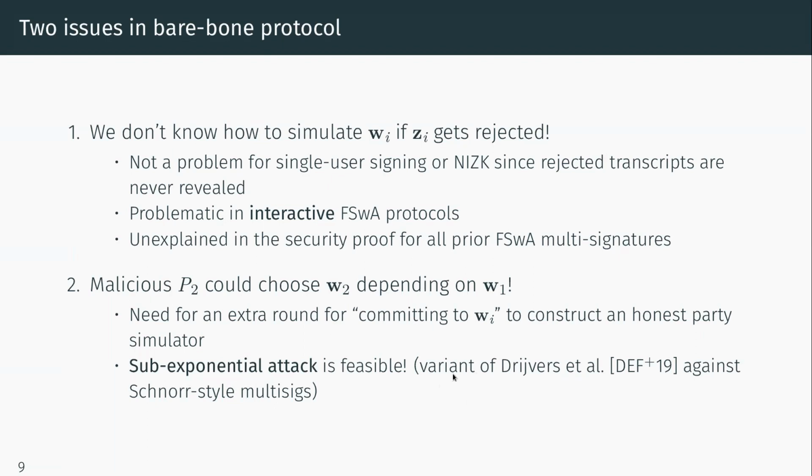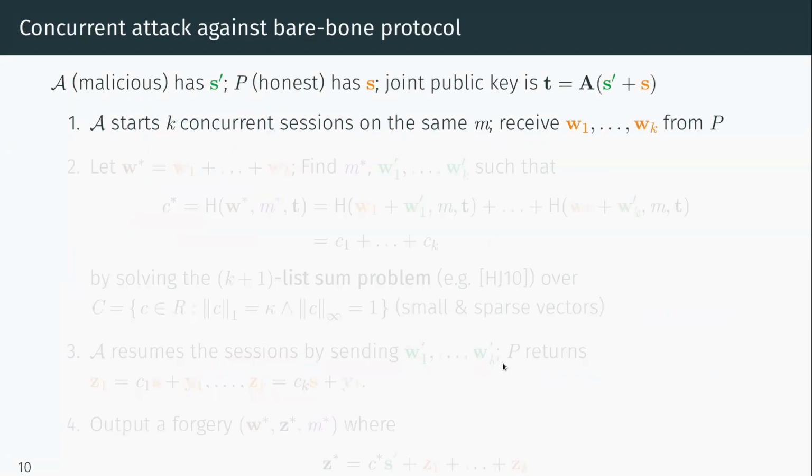Without this committing phase, we can describe a sub-exponential attack. Again, this is a variant of the sub-exponential attack against the discrete log-based multi-signature. So here I'm going to sketch this attack.